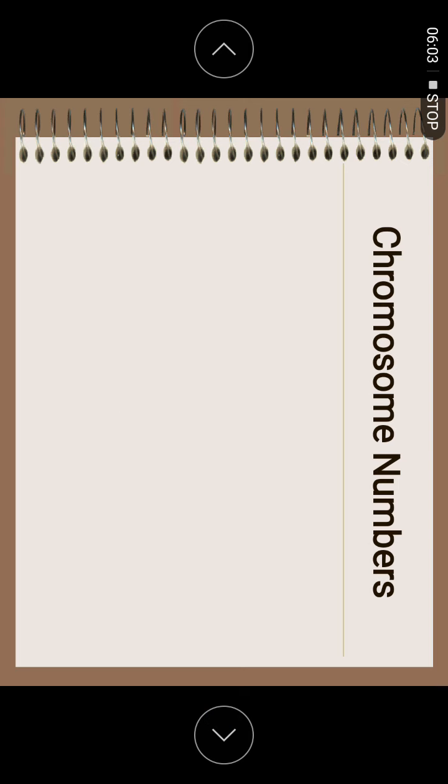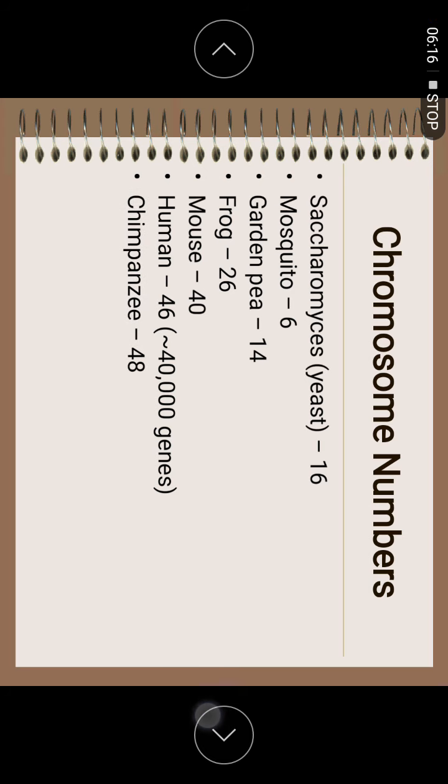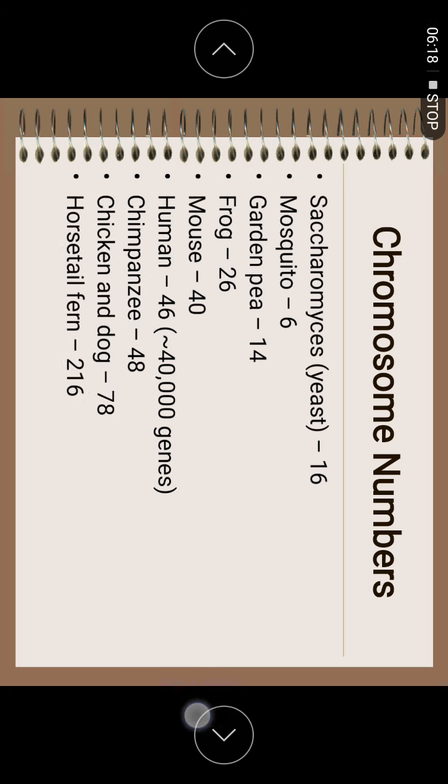So just now we were talking about chromosome number. What is chromosome number? Different organisms have different chromosome numbers. If the organism can have sexual reproduction, their chromosome number will always be an even number.